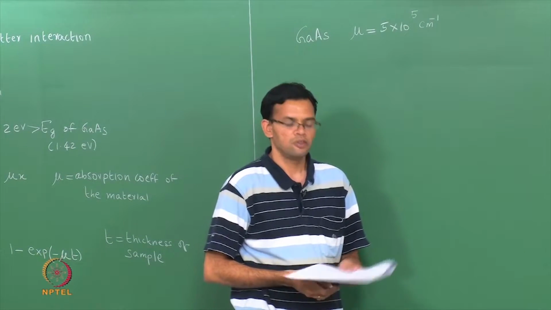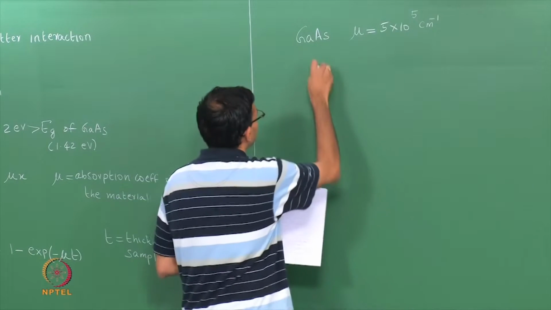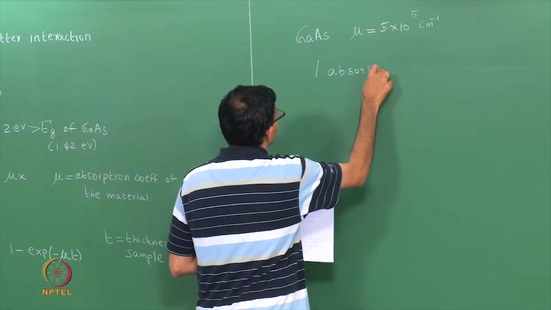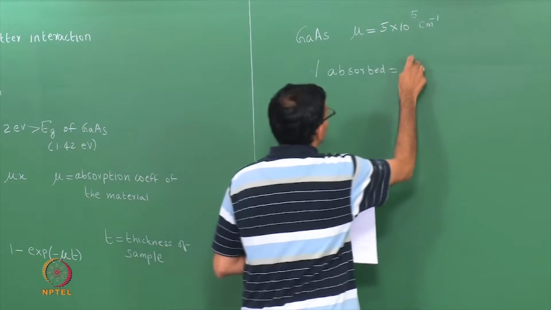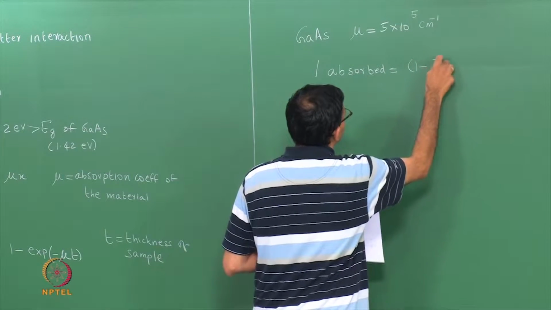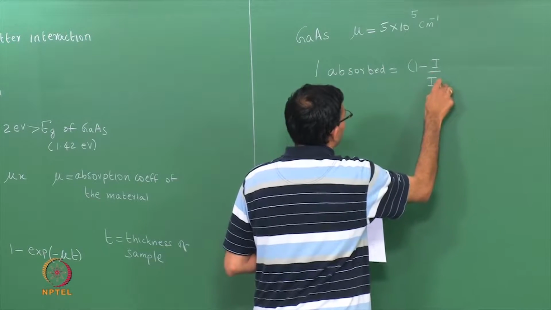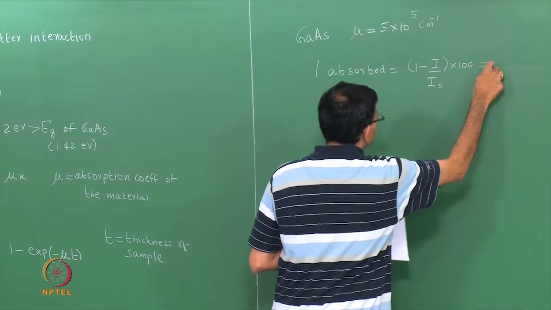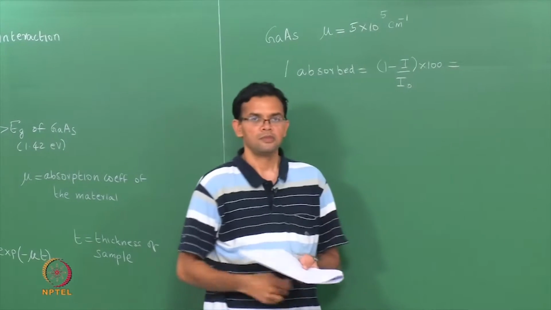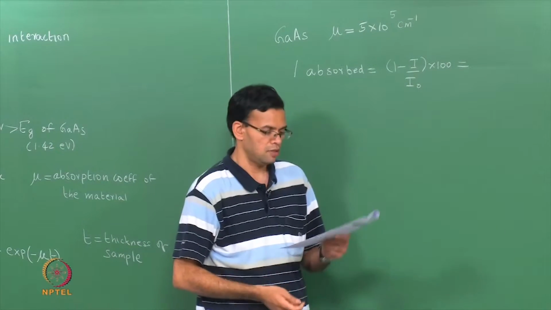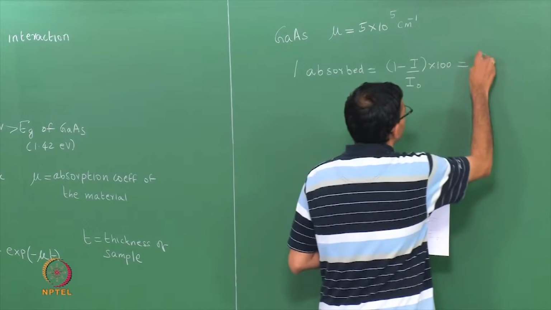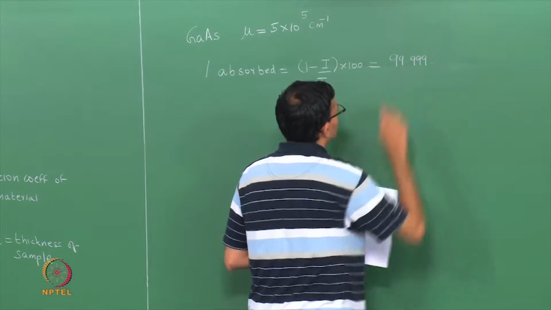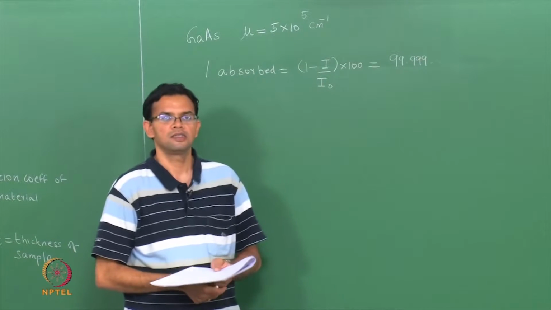From this we can calculate the percentage absorbed, which is just 1 minus I over I naught times 100, and if we substitute all the values, this works out to be 99.999, and there are a few more trailing 9s.